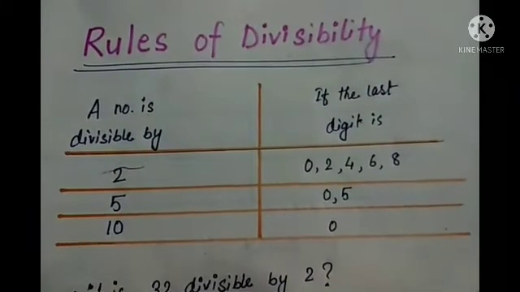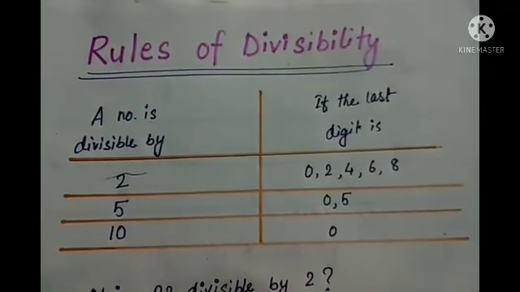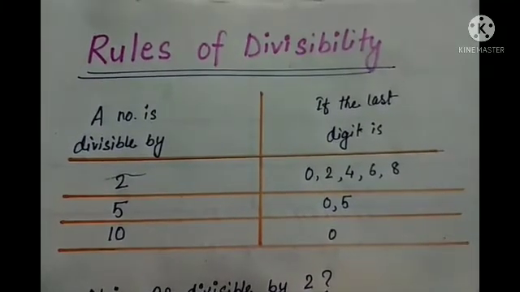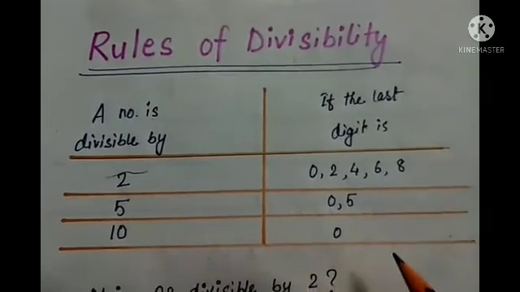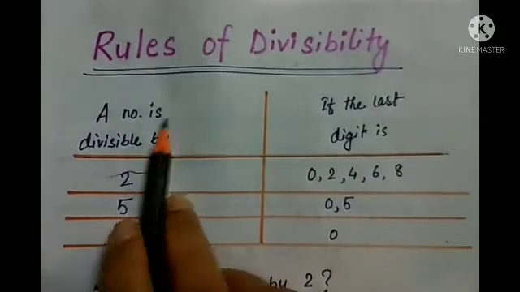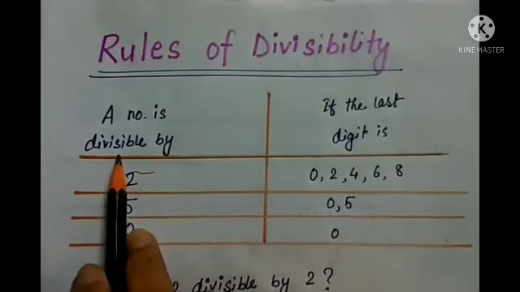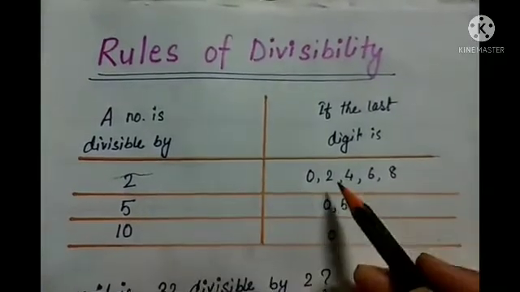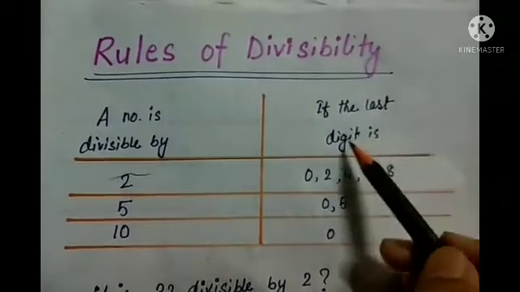So without doing division or finding the factor, you can tell whether that number is divisible by the factor or not. Here you see I have written a number is divisible by 2, 5 and 10. On the other side you see the last digit.